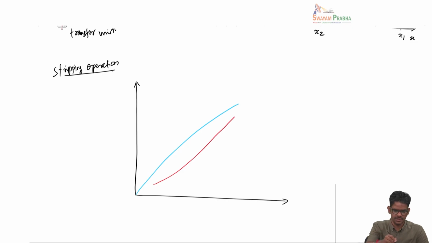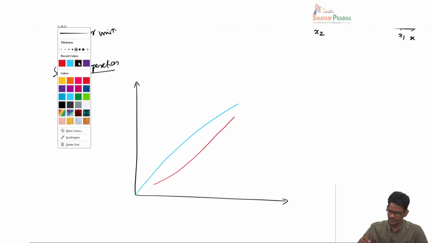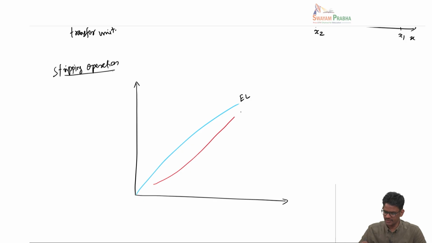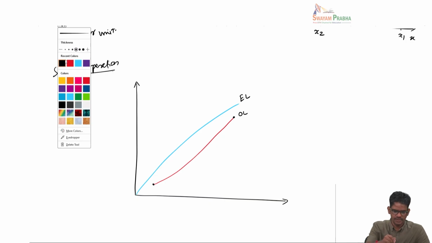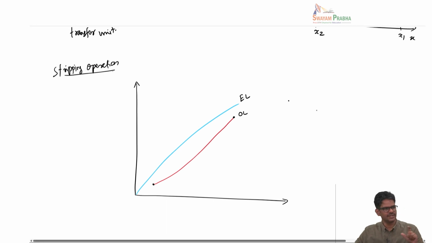So this is the equilibrium line, and this is the operating line. Here the midpoint is not constructed based on the vertical difference, but on the horizontal difference, because in stripping the driving force is x minus x star.